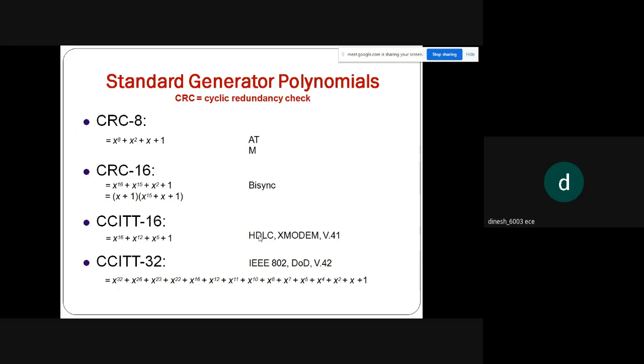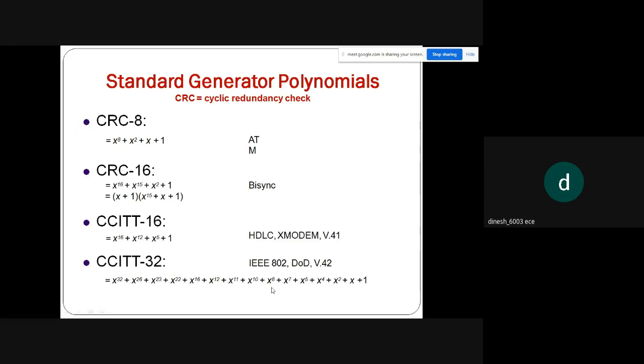X modem, we use it in modem systems. CCITT 16-bit and CCITT 32-bit are used in all the IEEE 802 standards, which will vary like this. It's an example. We start from the highest: x power 32, x power 26, x power 23, like this.